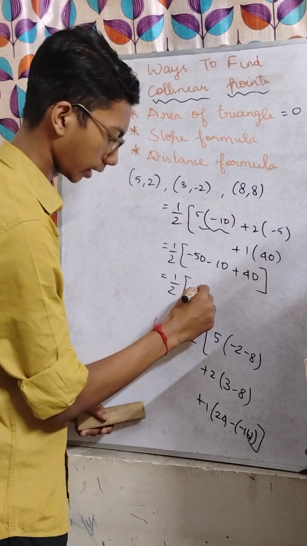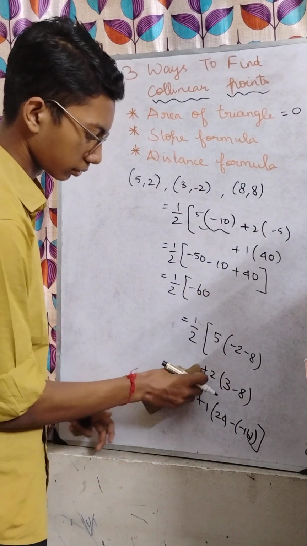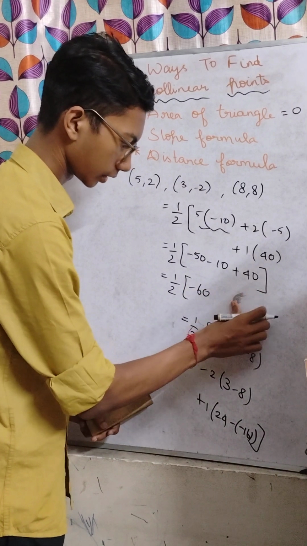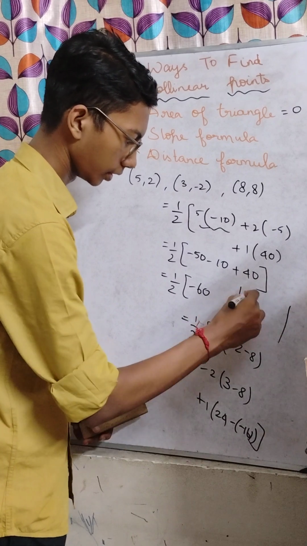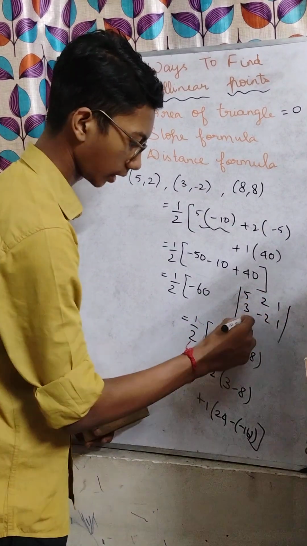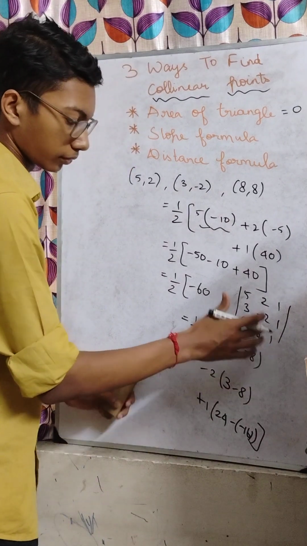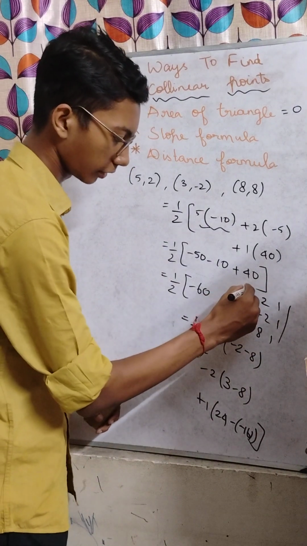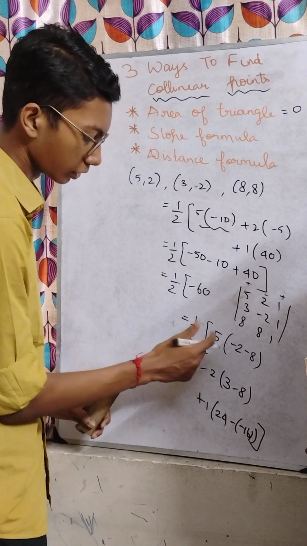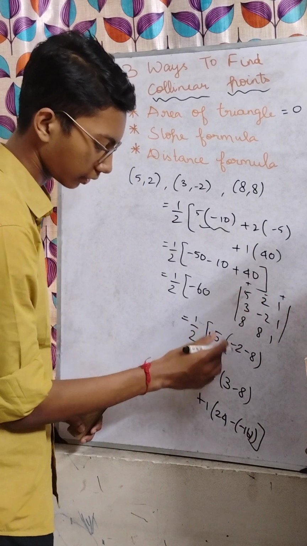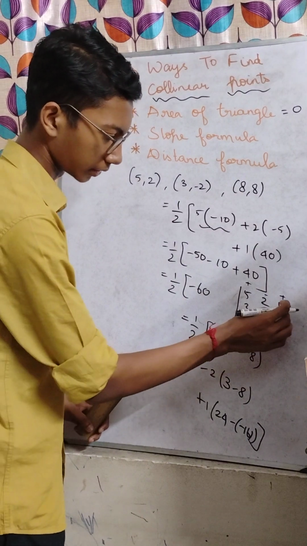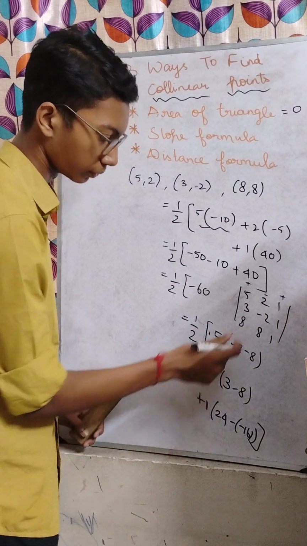Half of minus, in the determinant, that is how we did here. The basic thing is, if we put plus here, then minus, and here plus, so alternate signs. So first we have plus 5 here, next we have positive 2, which means we need to use negative here, and the last one we use positive.